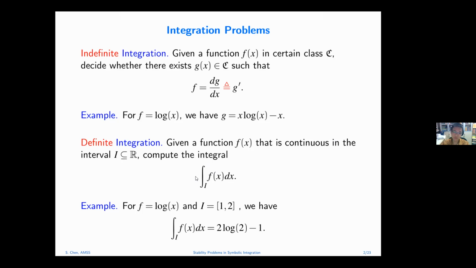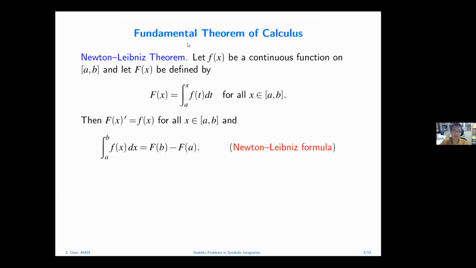And in order to compute this definite integral, the idea in calculus is to find the antiderivatives. For instance, if you want to compute the integral from 1 to 2 of log x, then you can use this primitive or antiderivative to evaluate this integral. And this is actually the fundamental theorem of calculus, which builds the connection between indefinite integration and definite integration.